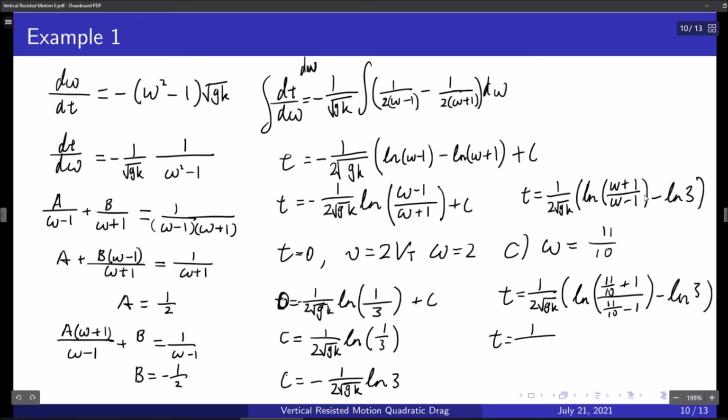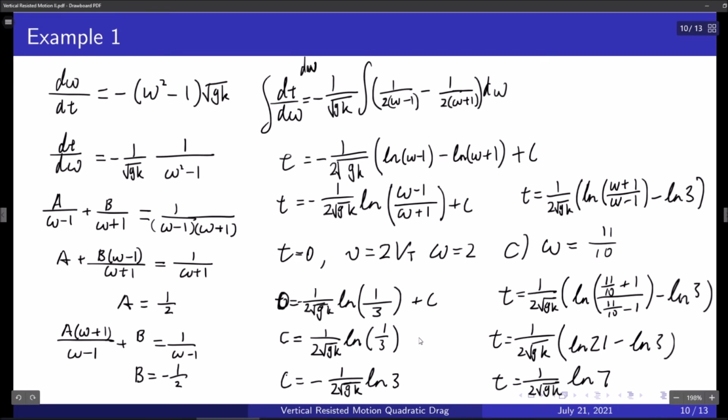So t equals 1/2 square root of gk. What's this? So 21/10 over 1/10. Okay, so it's log 21 minus log 3. So as you can see, you can divide them. So t equals 1/2 square root of gk log 7. So that is our solution.